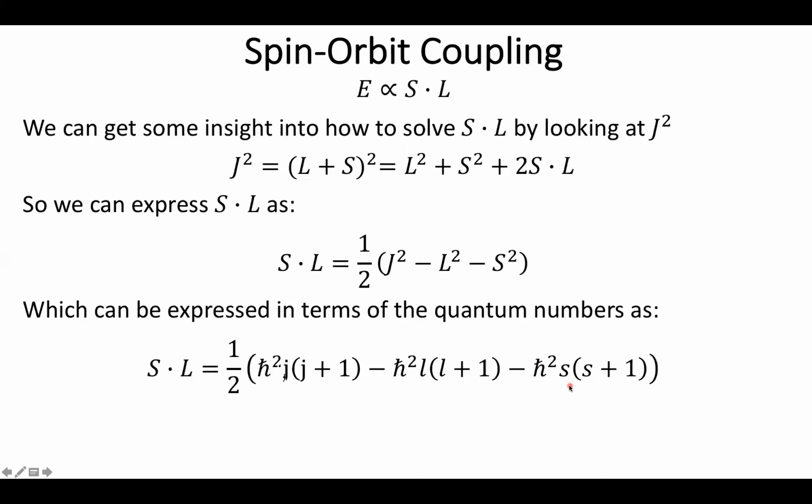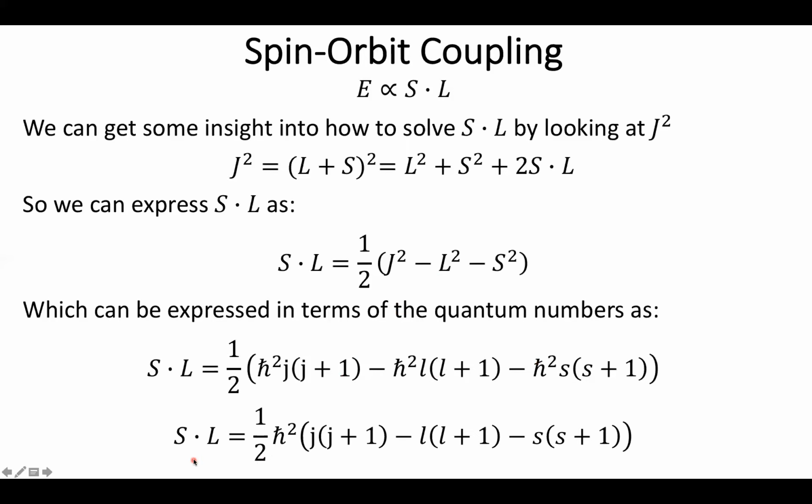And now I have, as usual, a very messy equation. But we can pull our h bar squared out front. And then our dot product of our orbital and spin angular momentums is going to be equal to 1/2 h bar squared times the difference between the total angular momentum quantum number times the total plus 1, minus the same terms for our orbital and our spin angular momentum.